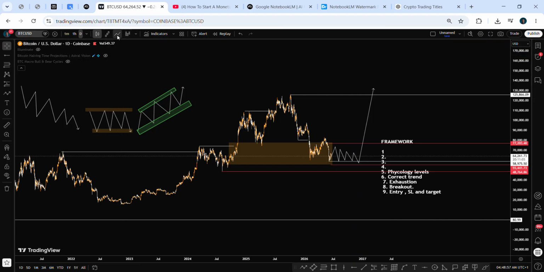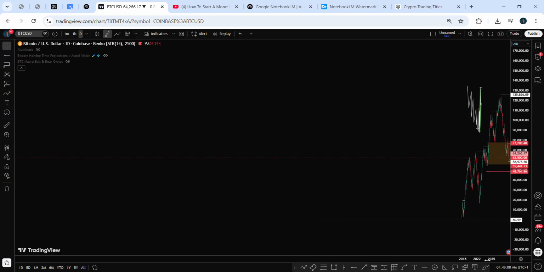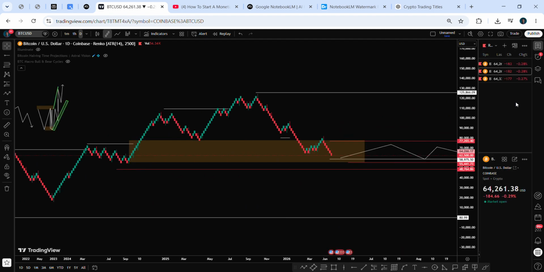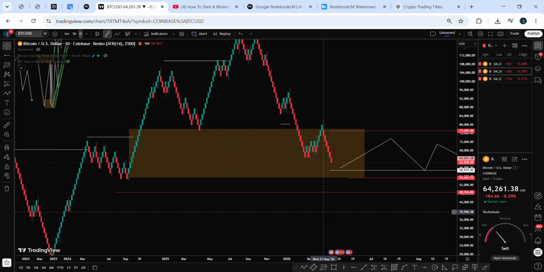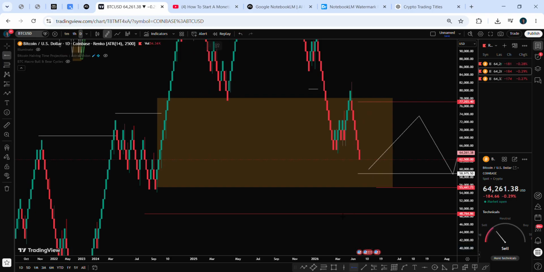For the psychology level, I just come to the Renko chart. We have different types of chart. We have line chart, we have candlestick, then this Renko is where I get my psychology level. Psychology level, I just round up numbers that hold price.